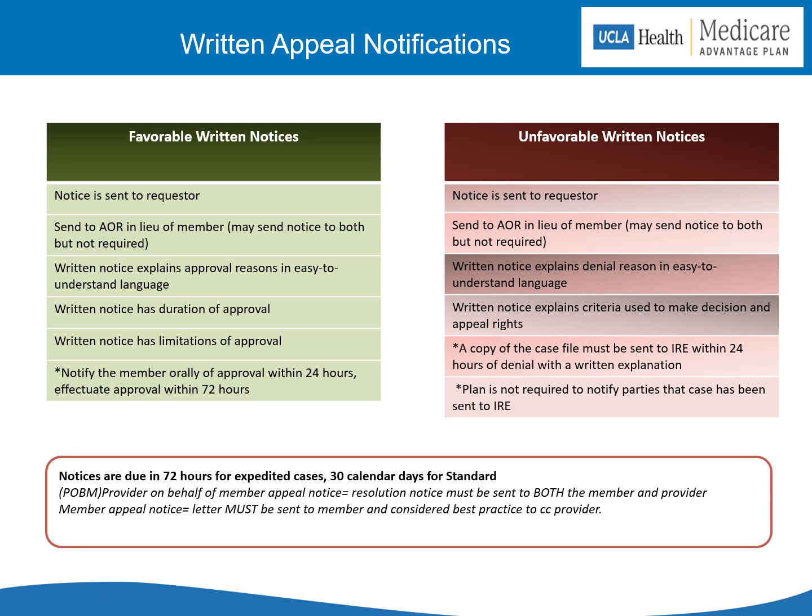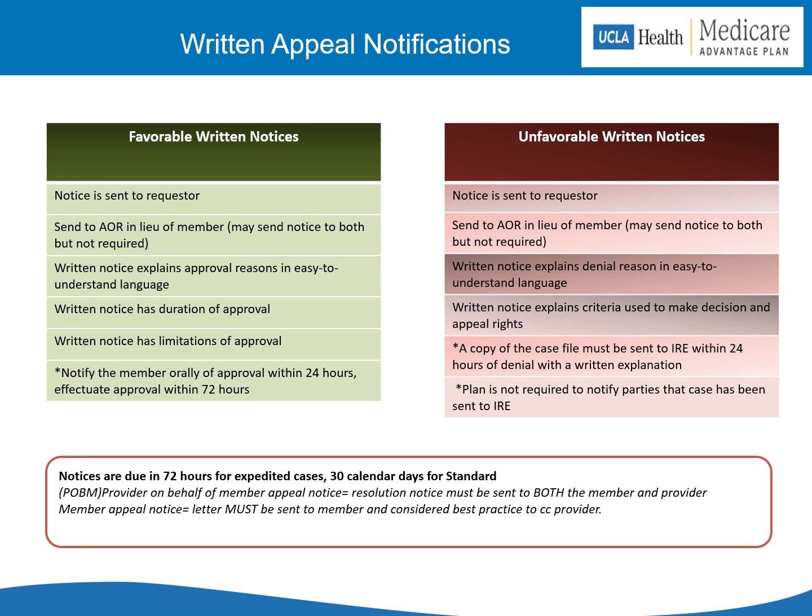In addition to that, remember, unfavorable written notices must be automatically sent to IRE within 24 hours of denial with a written explanation. And we're not required to notify the parties that we sent the case to IRE. That's an internal process. Unfavorable written notices are partial denials or full denials.